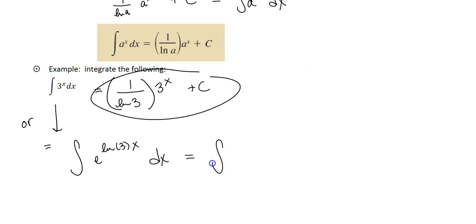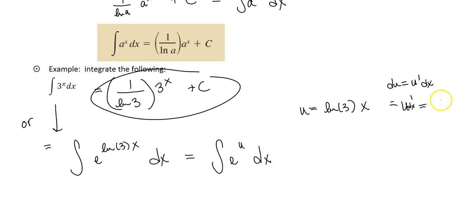So this would be the integral of e to the u with respect to x, where u is the natural log of 3 times x. So u prime, or du, which is u prime dx, would be the natural log of 3 dx, and we need a natural log of 3 here. So I would multiply by the natural log of 3 divided by the natural log of 3. I would bring one of them to the inside.